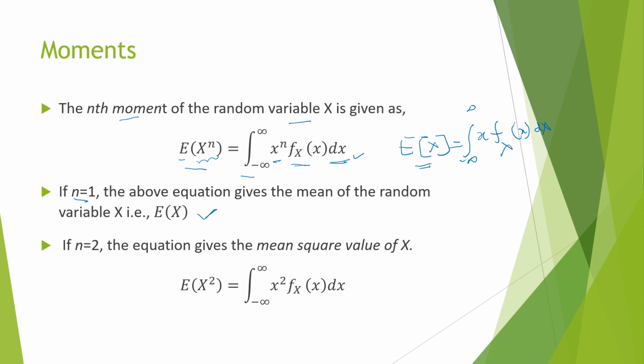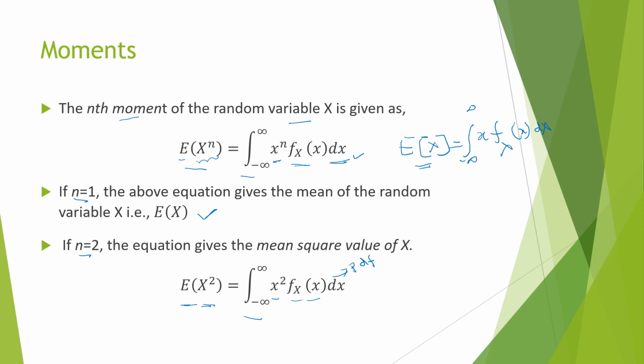If n is equal to 2, then it becomes E[X^2], that is, in the place of the random variable we are using x^2 fX(x) dx. Here fX(x) is nothing but the PDF, probability density function. Multiply x^2 with its probability density function and integrate it, you get E[X^2]. Now observe, this is nothing but the expected value of the square of the random variable.